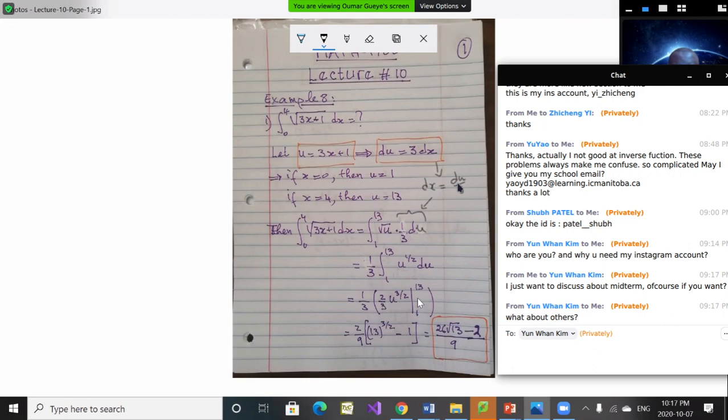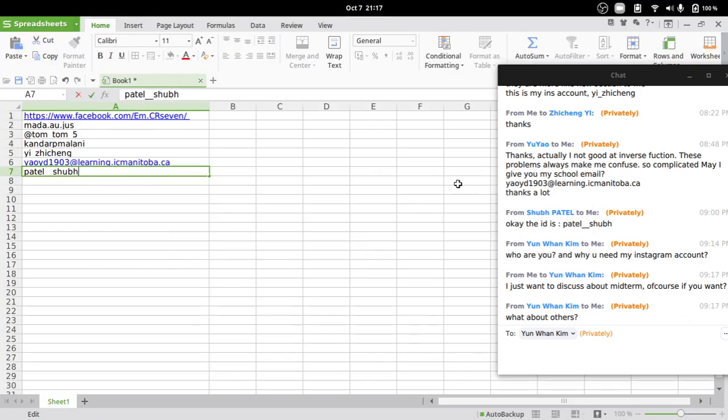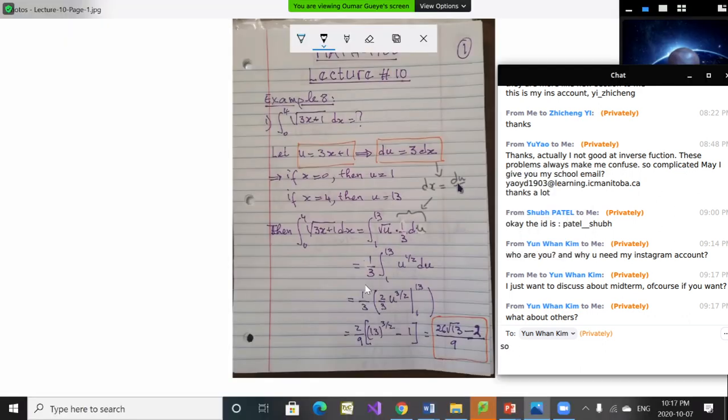You take it at 1 and 13. I first took the 2 by 3 out of the bracket to multiply with 1 over 3. It becomes 2 by 9. When I substitute this u by 13, I get 13 to the power 3 by 2. And when I substitute by 1, it becomes 1 to the power 3 by 2, equal to 1.